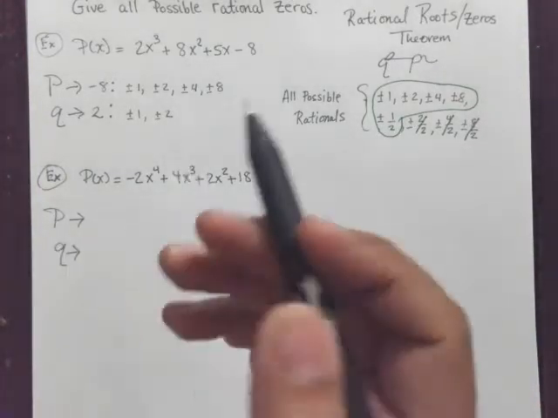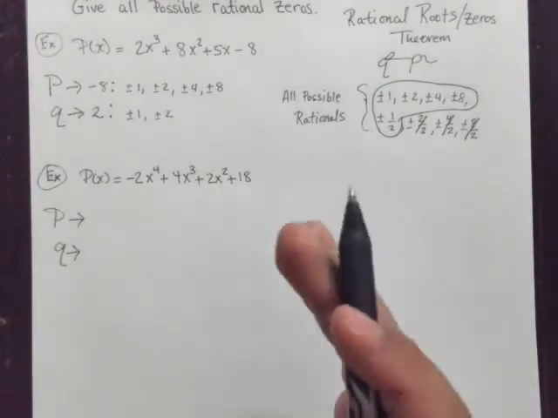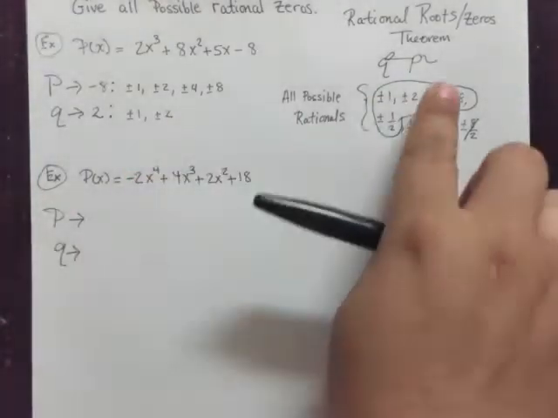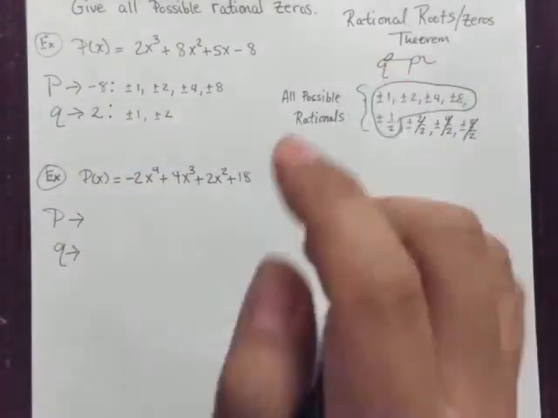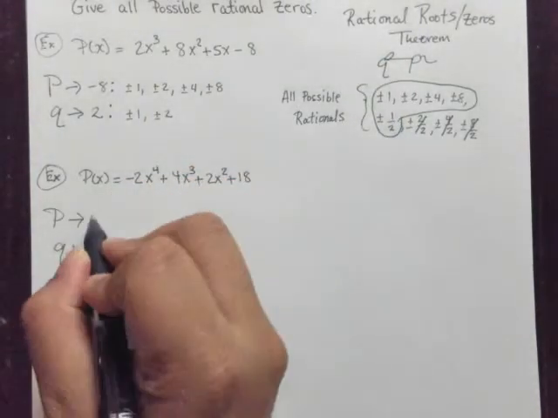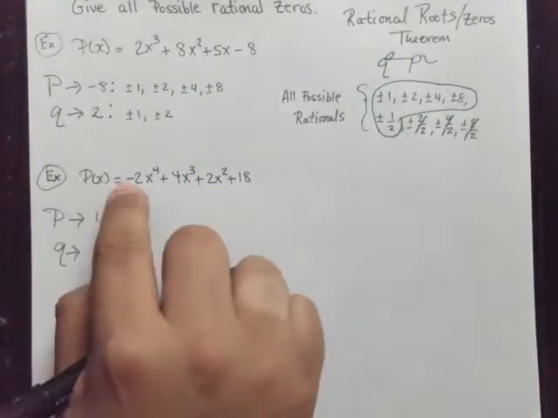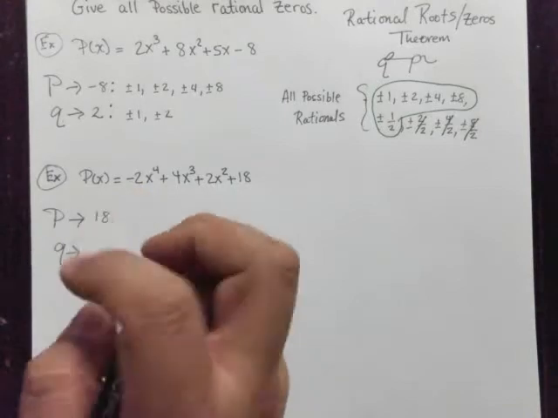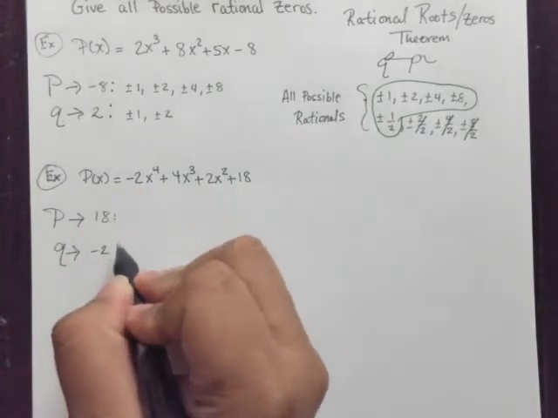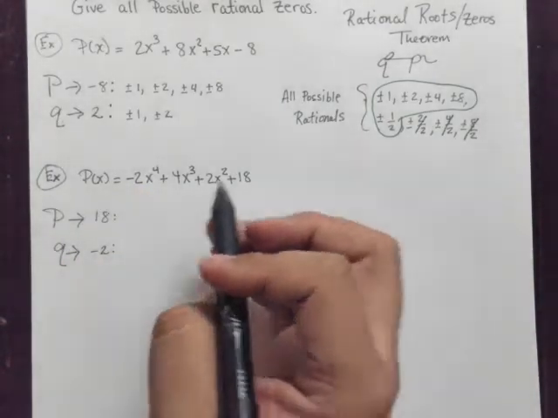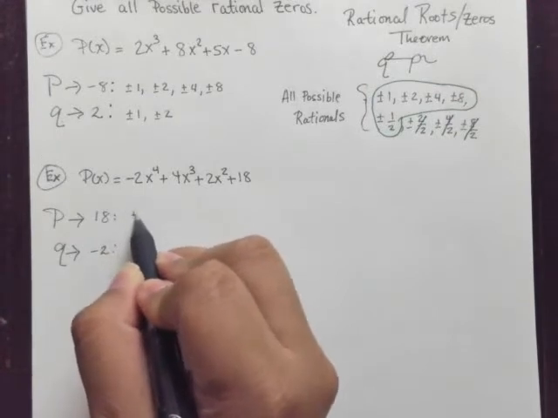Again, we identify the P and the Q. Remember, the P is the tail and the Q is the head. So the P in this case is 18 and the Q in this case is the -2. And what do we have here?